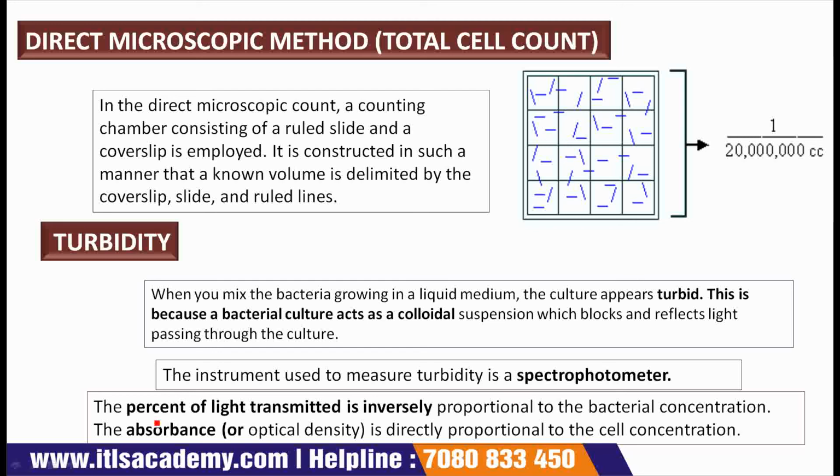So, the percent of light transmitted is inversely proportional to the bacterial concentration. The absorbance or optical density is directly proportional to the cell concentration. These are two important points to remember while counting.